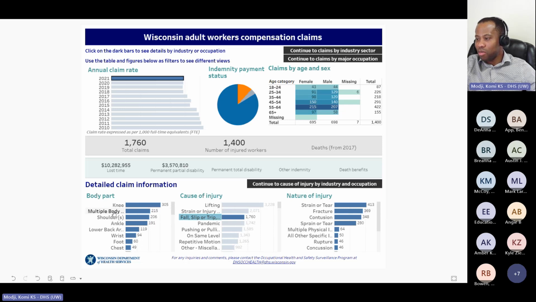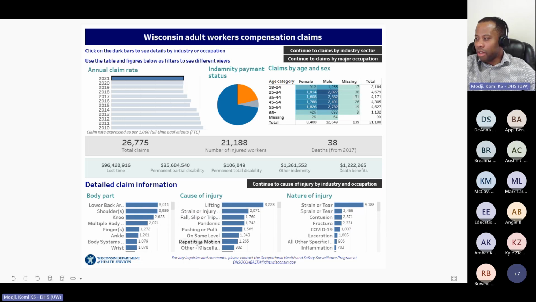It's the first one. Multiple body parts could be injured, and we have shoulder injuries and ankle and lower back. And in terms of nature of injuries, we have strain, fracture, contusion, sprain, or tears. Again, at this point, it's not specifically tied to your occupation, but it helps you have a global view of the burden of this specific injury. And you can do that across all other injuries that we have here.